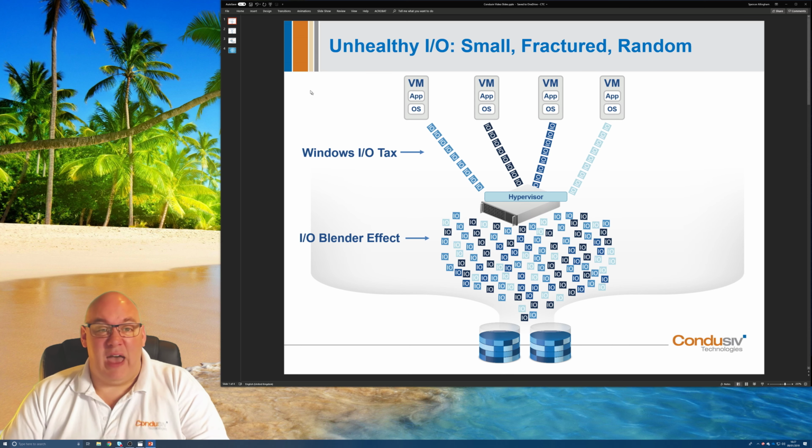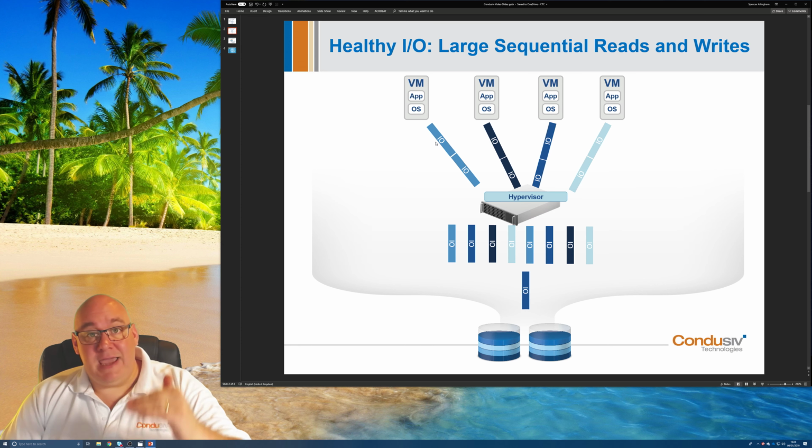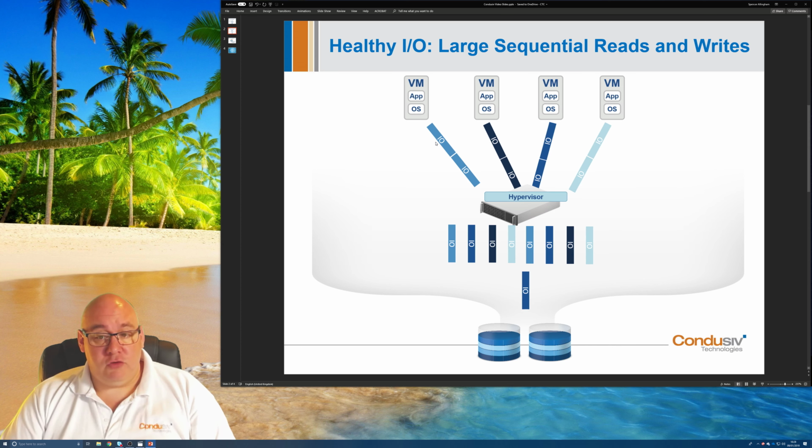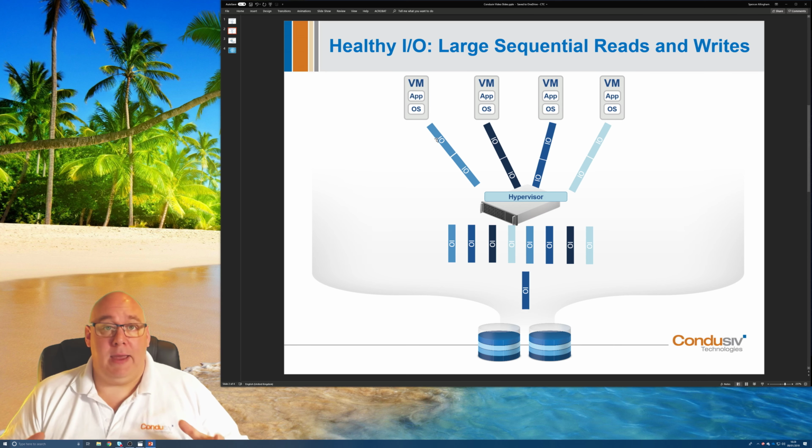Now, what you want to have is a situation that you would typically see on day one when you install a fresh Windows OS, which looks more like this. So you have the same amount of data moving between server and storage, but it's being transferred in far fewer I/O packets, each one carrying a larger payload of data.